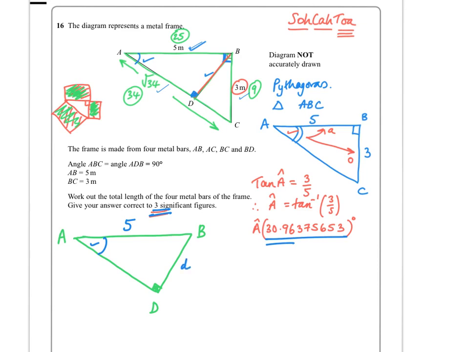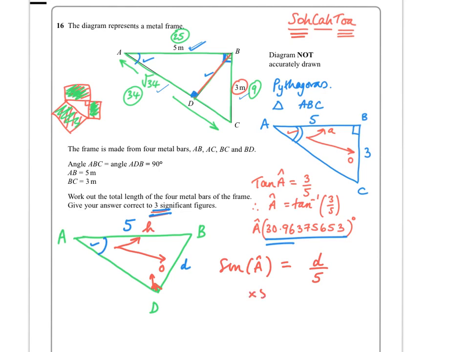So we'll call this length D, and then we'll look carefully. We want to use the opposite and then the hypotenuse. Don't forget, hypotenuse is always opposite the right angle. So we've got the sine of angle A, which we know is equal to opposite over hypotenuse.